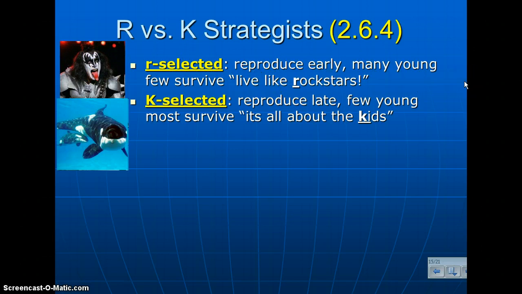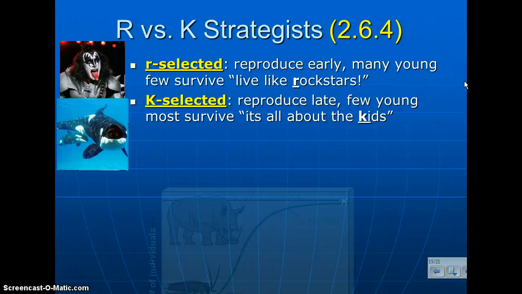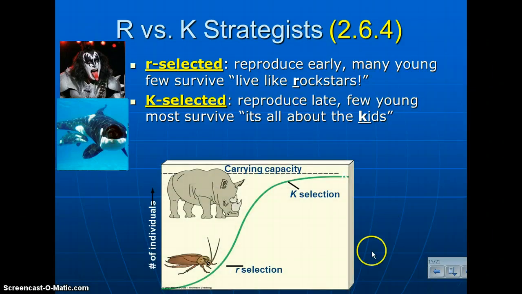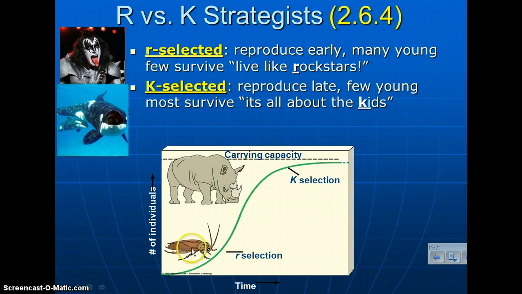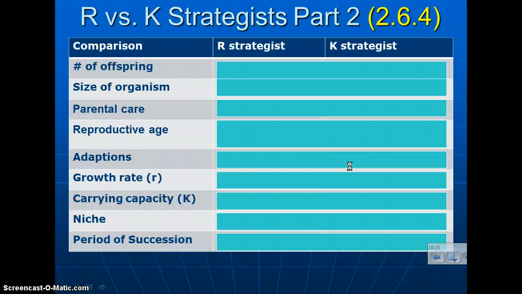On our next slide, we're going to see a chart that goes through these examples, and I'm going to go through it quickly because you're going to get to practice it in class. You can also peek at this graph, and you can see that the r-selected ones are on the high exponential part of the graph, where things are reproducing fast, versus the K-selected near carrying capacity. They don't reproduce very much, and that should make sense. So here's our graphic.